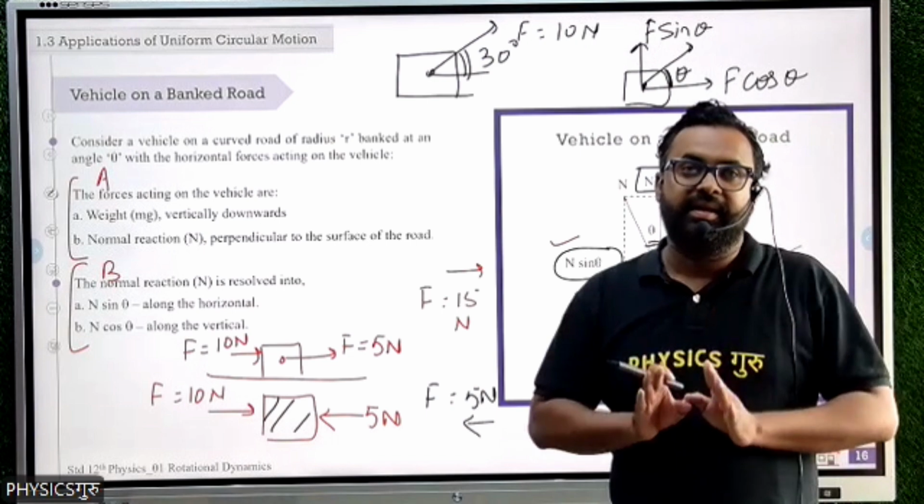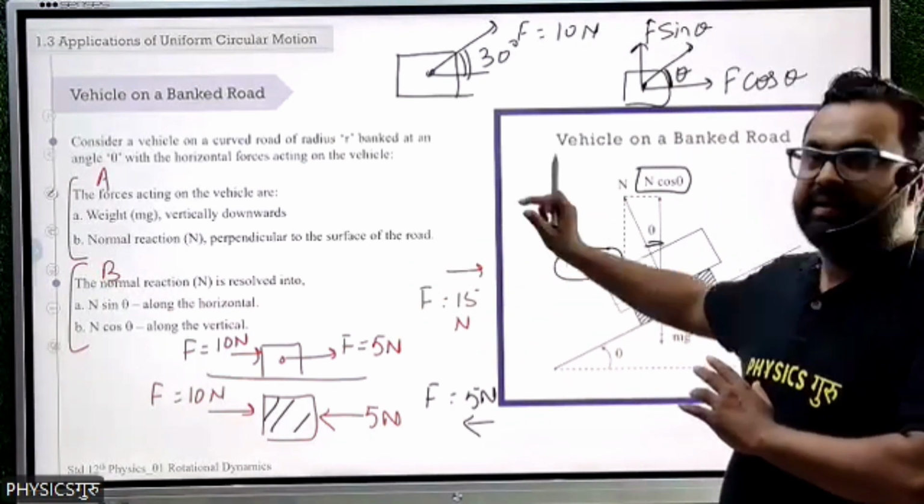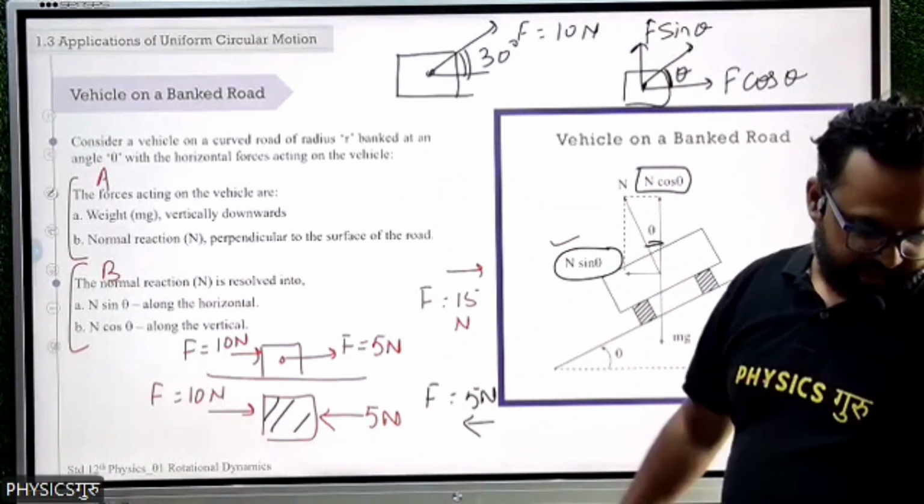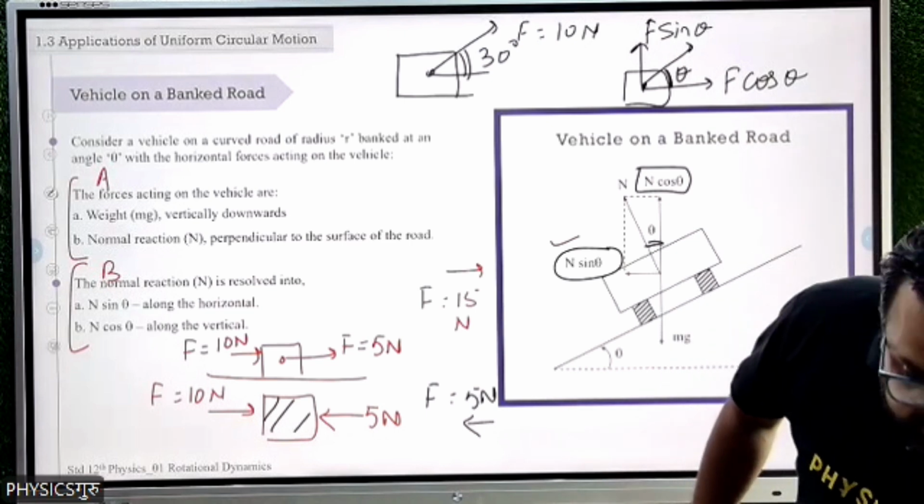Simple. Yeah. So please draw the figure, write down this point number A and point number B, and we have two more points on the next one. Okay.